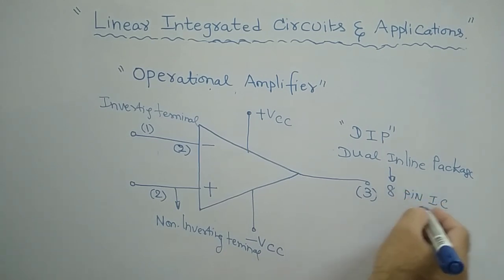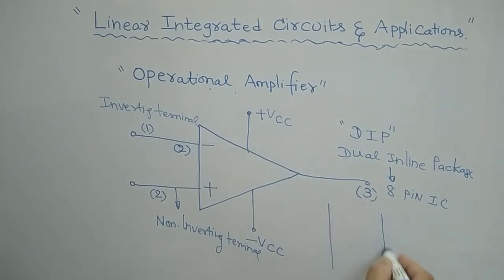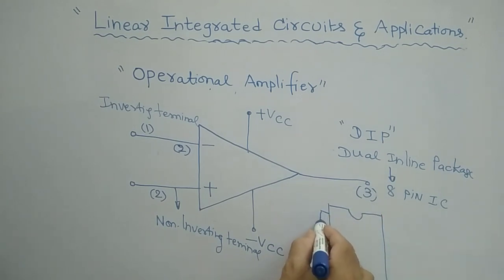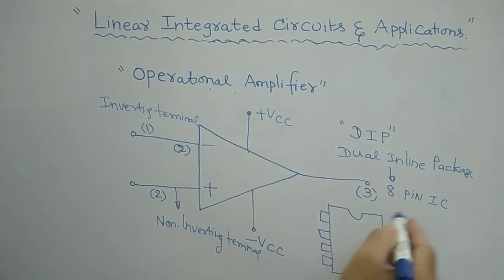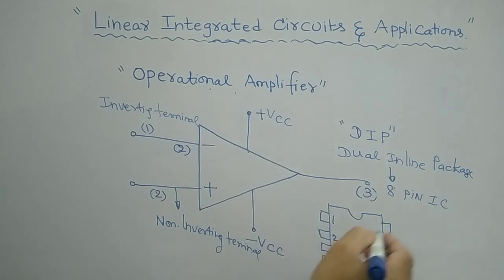It looks something like this, and it has 4 pins on one side and another 4 on the other side. You can identify pin number 1, 2, 3, 4, and then this is 5, 6, 7, 8.